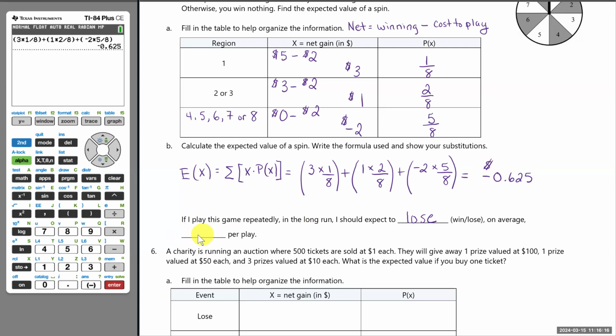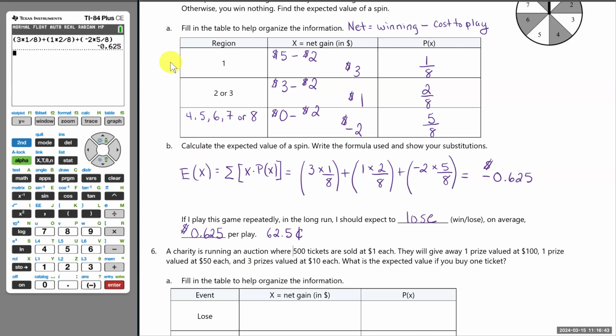So remember, don't say negative again. You've already indicated your loss. I'm going to lose, so units are dollars, $0.625 per play. I know that amount of money looks a little bit strange, so I'm just going to write it in cents as well. That would be 62.5 cents per play.